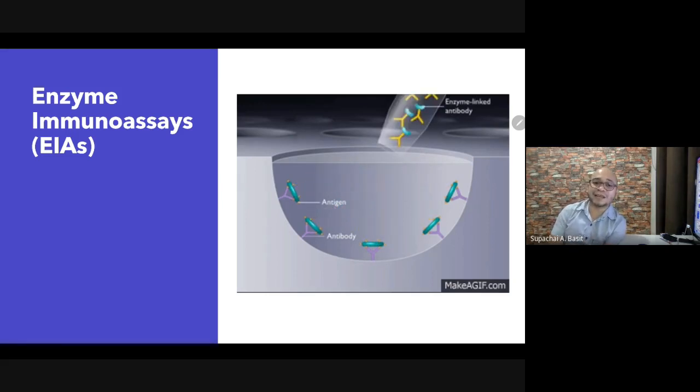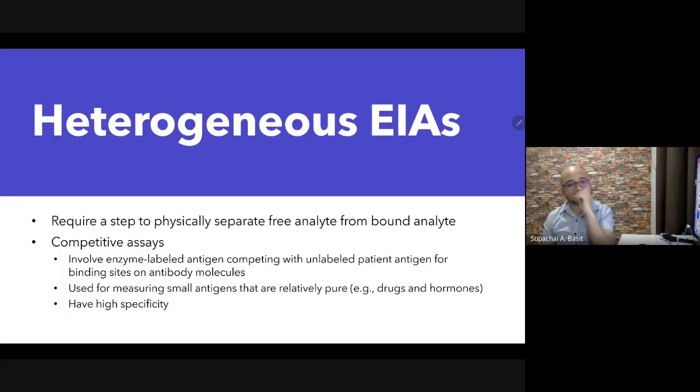The first antibody is the one that is bound to the solid phase, and the second antibody is the one labeled with enzymes. There are two types of ELISA. The first type that we will be discussing here is called the heterogeneous enzyme immunoassay, and the other one is called the homogeneous enzyme immunoassay. Let's talk first about the heterogeneous enzyme immunoassay.